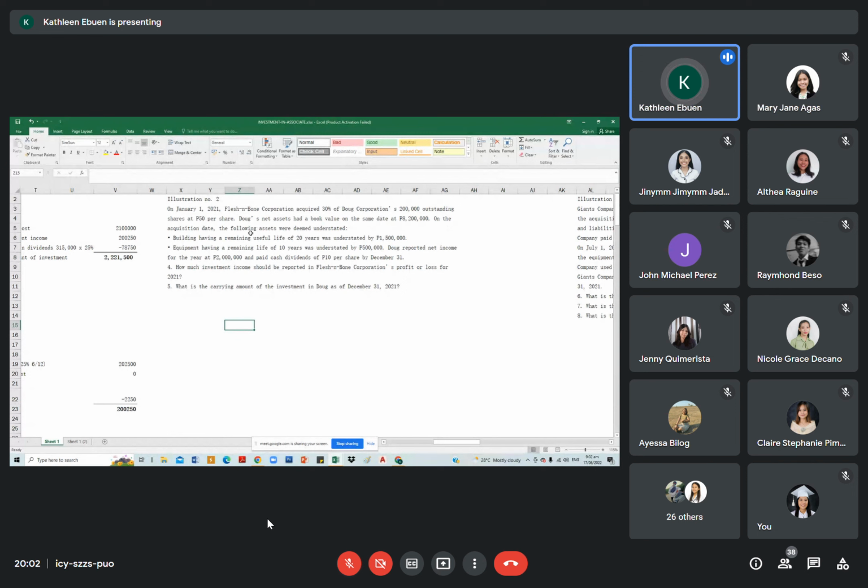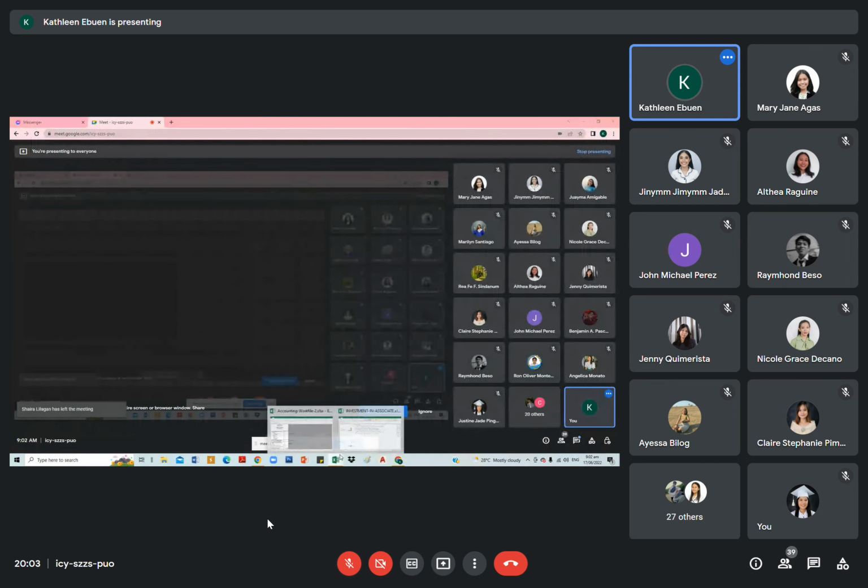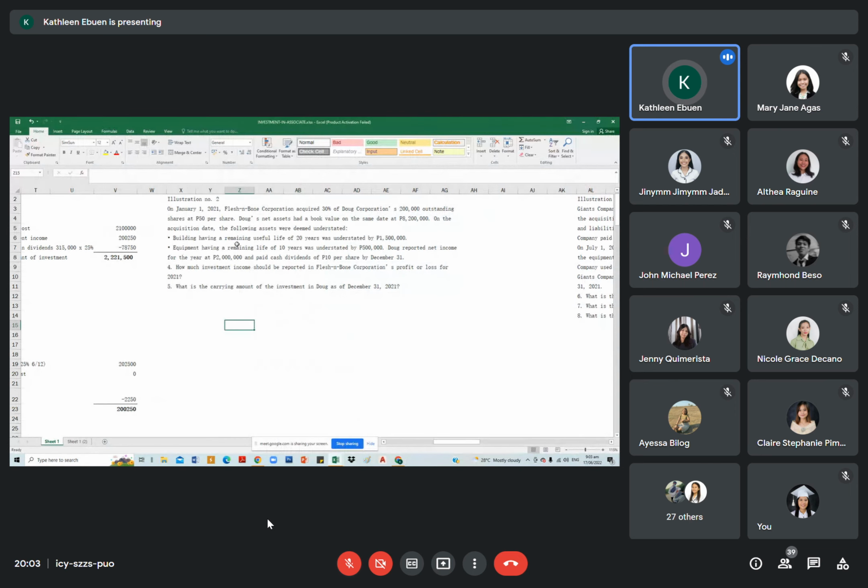On the acquisition date, the following assets were deemed understated: building having a remaining useful life of 20 years was understated by 1.5 M; equipment having a remaining life of 10 years was understated also by 500,000.